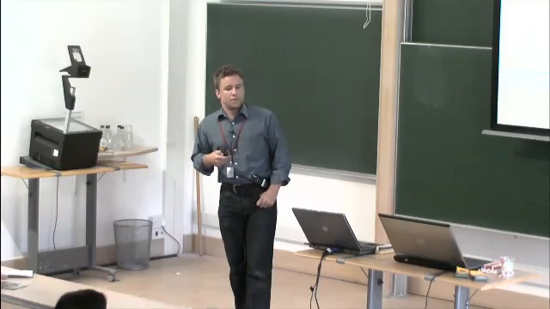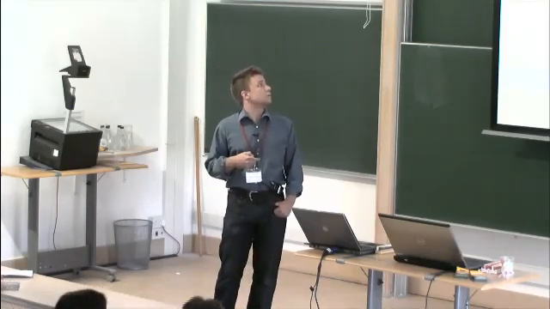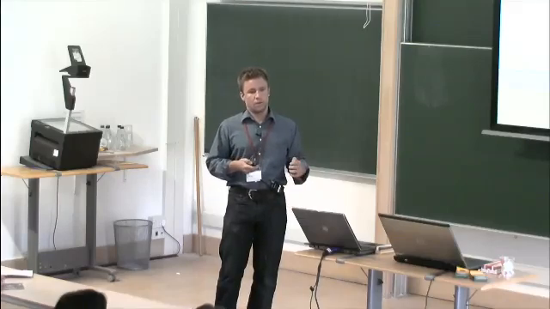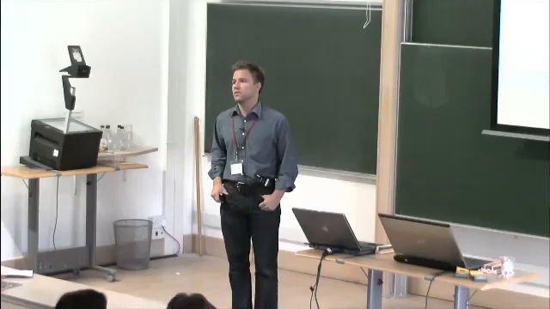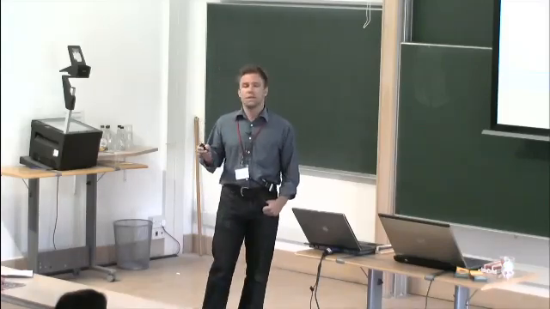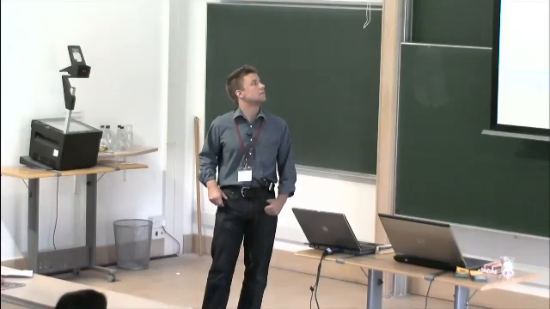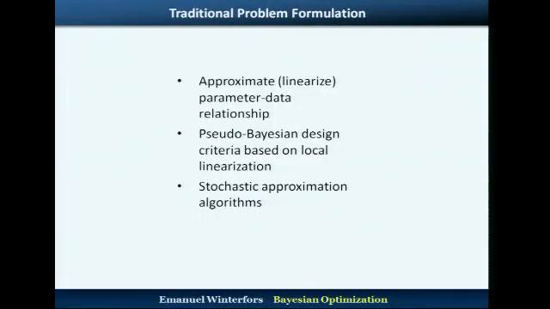So a lot of attention in the field of experimental design has been put on the objective function itself, the design criteria, how to define it in such a way that we can easily calculate it. So one uses the standard common approximations to linearize the model completely, or linearize it around particular values of the parameters of interest in some pseudo-Bayesian approach, while averaging over a prior on the model space.